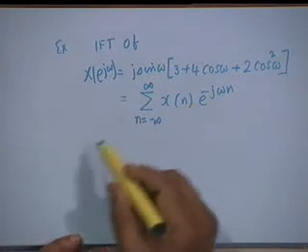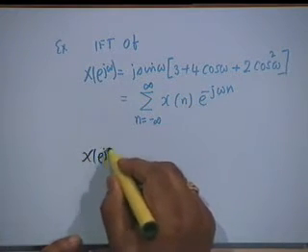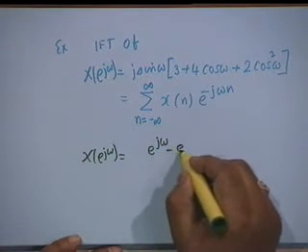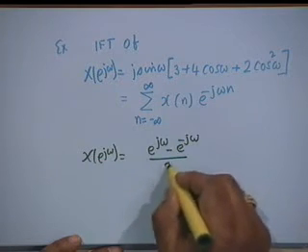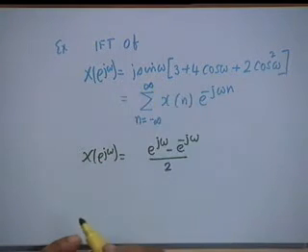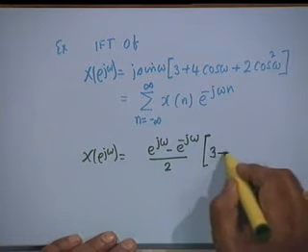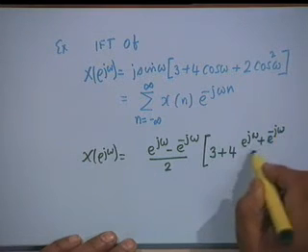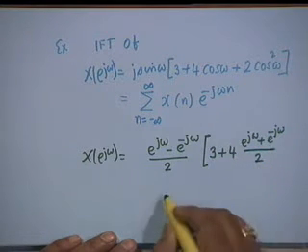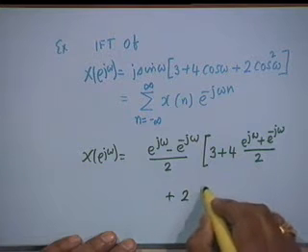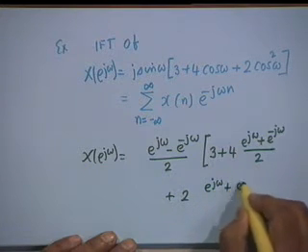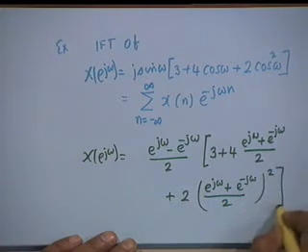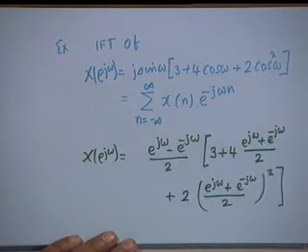You should be able to recognize that capital X of e to the j omega can be written as e to the j omega minus e to the minus j omega divided by 2, there is a multiplication by j, multiplied by 3 plus 4 times e to the j omega plus e to the minus j omega divided by 2, plus twice e to the j omega plus e to the minus j omega divided by 2, whole squared. And you have got this form now.